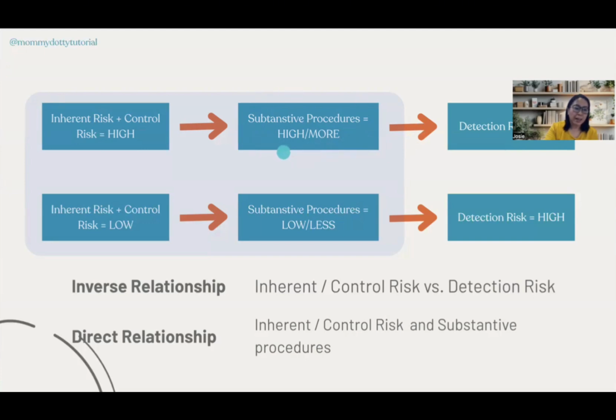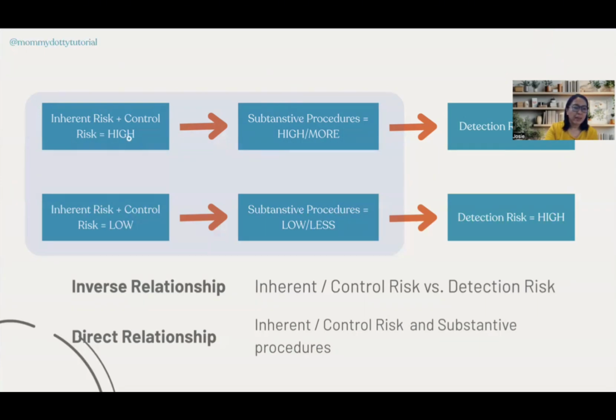I just put here high, so I can show you that if the combined inherent risk plus control risk goes up or is high, substantive procedures are high, detection risk low. I hope I can draw something here. Okay, let's try this one.